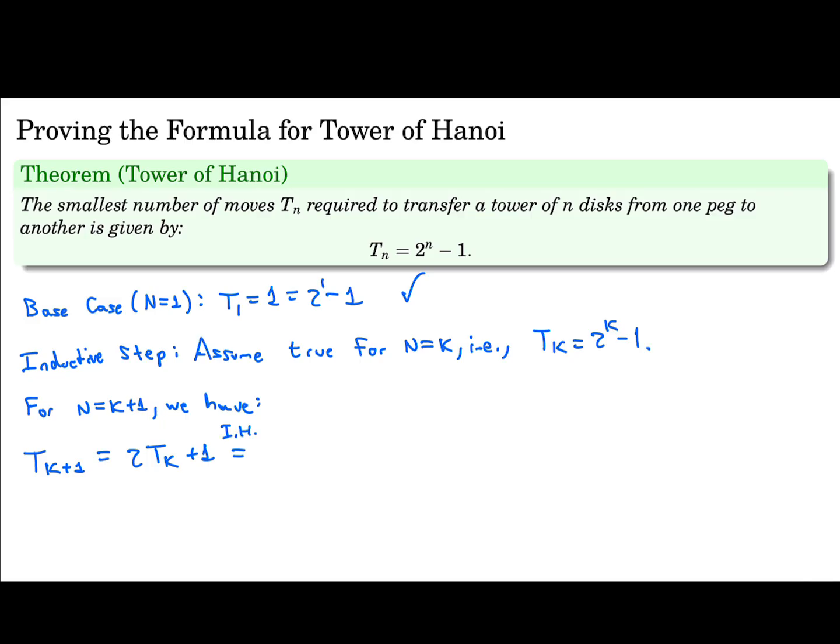So this is going to be 2 times (2 to the k minus 1) plus 1. And this will be equal to 2 to the k plus 1 minus 2 plus 1, which is just 2 to the k plus 1 minus 1. So indeed, it does hold true. It is true that Tk+1 is 2 to the k plus 1 minus 1.